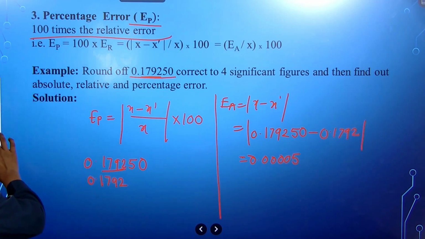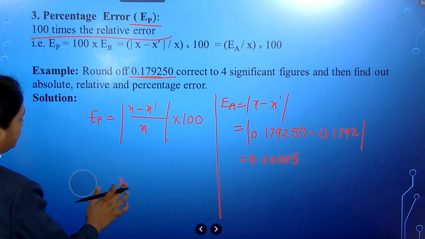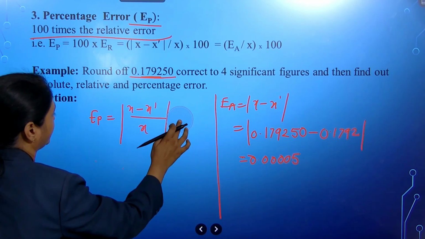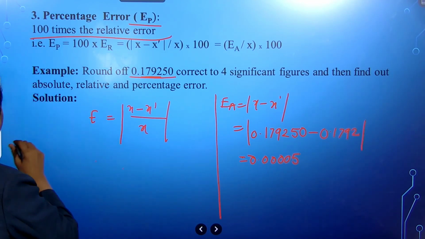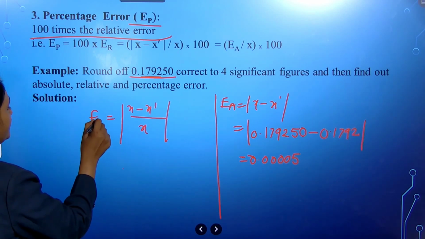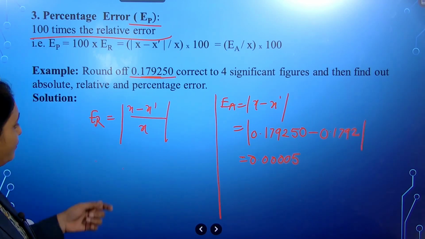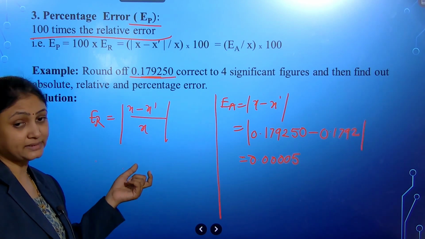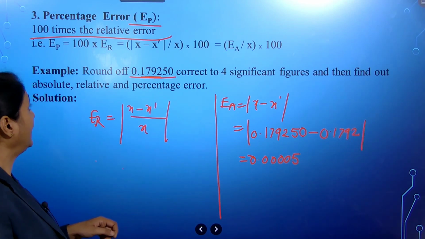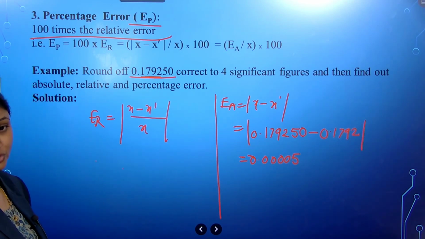Now the next is relative error. So relative error can be calculated by this formula. ER is equal to mod of x minus x dash upon x, that is the ratio of absolute error to true value.